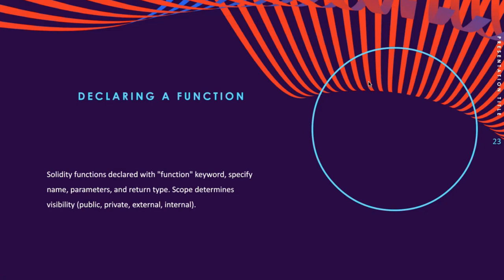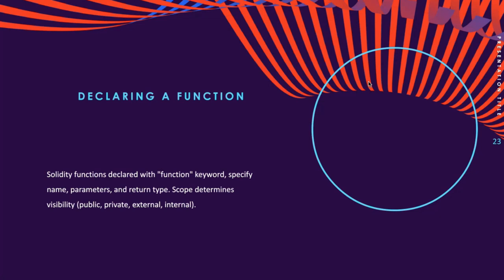managing. So Solidity functions are declared using the function keyword followed by a unique name that does not conflict with any reserved keywords. Parameters can be included in the function declaration with their name and data type specified in a list. The return value is optional.